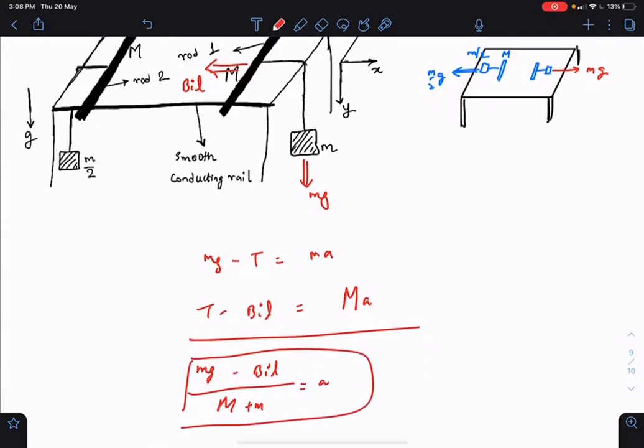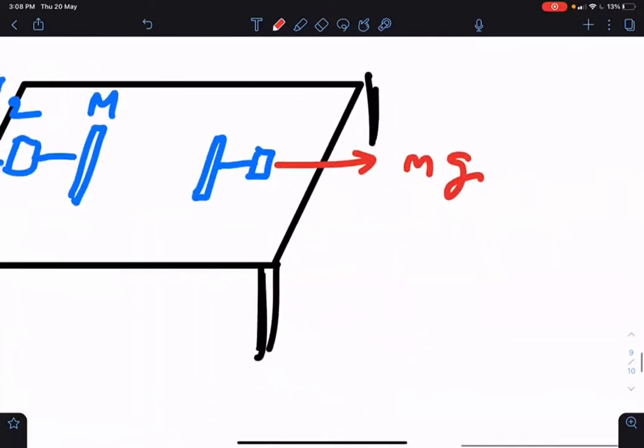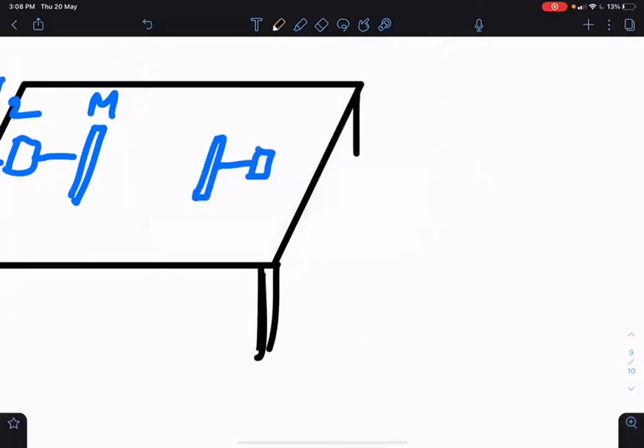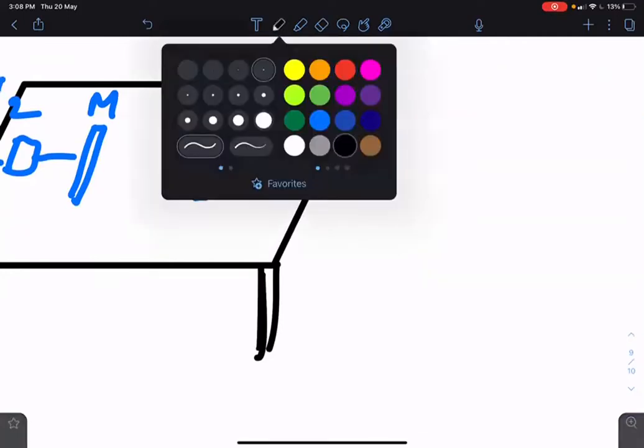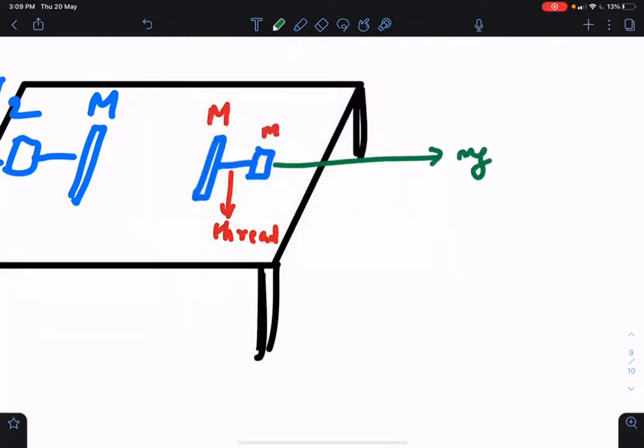Now, this situation I'm saying is analogous to, there is no gravity, and there is an external force mg which is there in the horizontal direction. Imagine that both the blocks were horizontal only, m also and m also, and there is a thread. In fact, we don't need the thread also, and there is external force mg towards right.